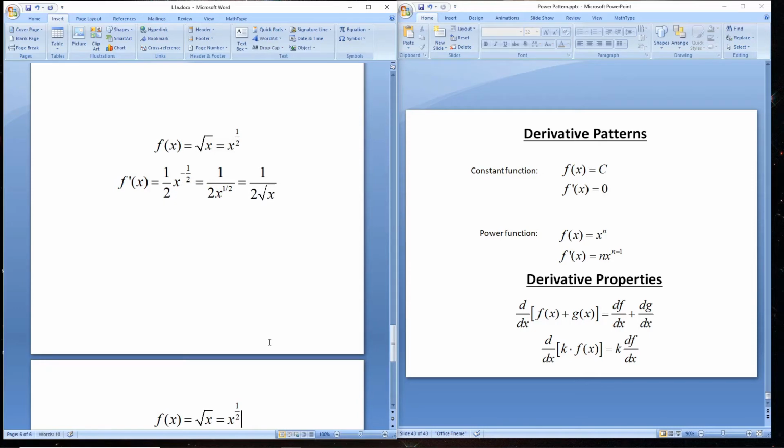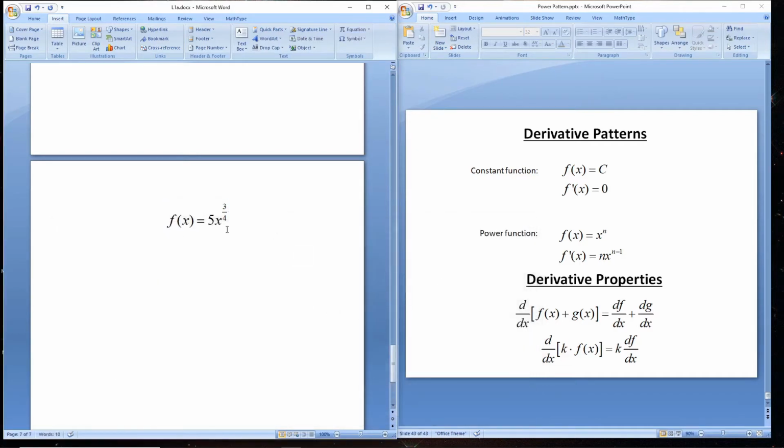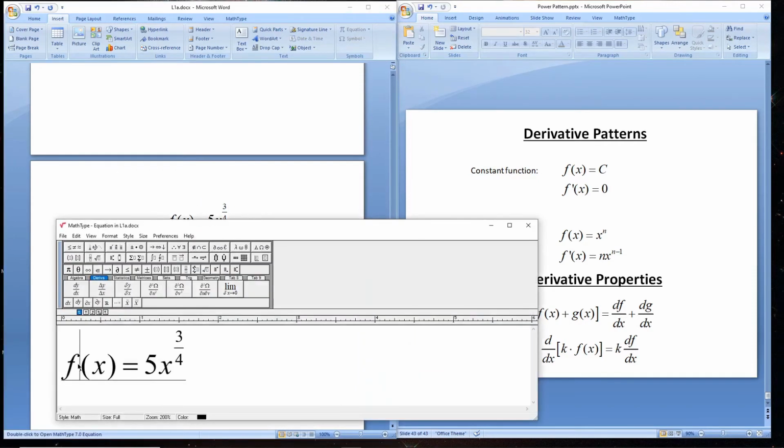We'll try another one with fractional exponents. How about, let's add a constant in there. Say 5x to the, we'll say 3/4. So this means x cubed, then the 4th root. And what is the derivative? Well, let me write this all out. So put the derivative instruction there.